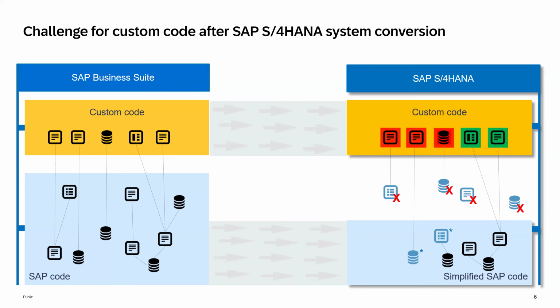And therefore, if you just take over your existing custom code to the new S/4HANA system, you will detect that some of the custom code objects will not function properly as before in the business suite environment.